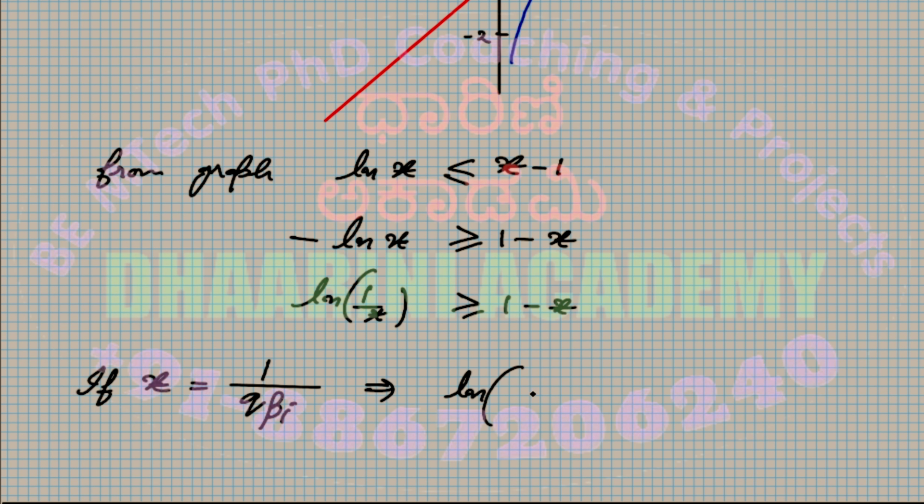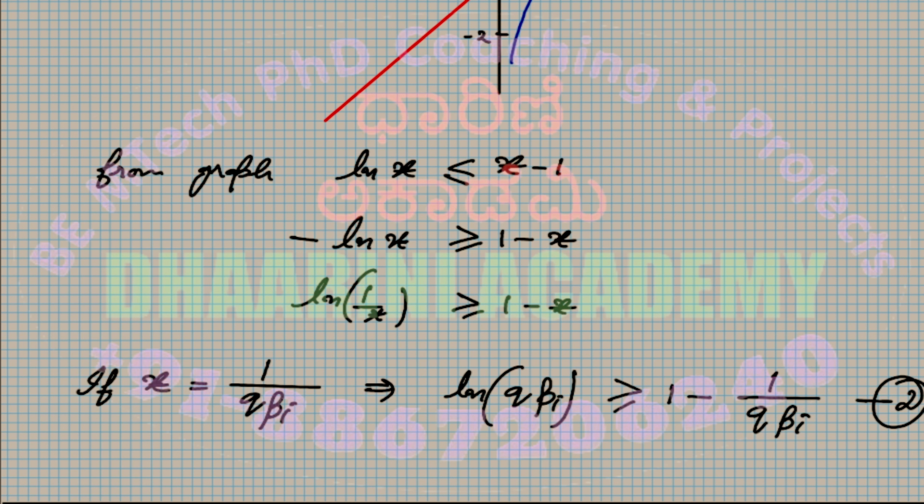So ln of 1 divided by q times p_i, that becomes q times p_i in the numerator, so this should be greater than or equal to 1 minus x, which is 1 minus 1 divided by q times p_i. This is true for any equation, so I'll call this 2.